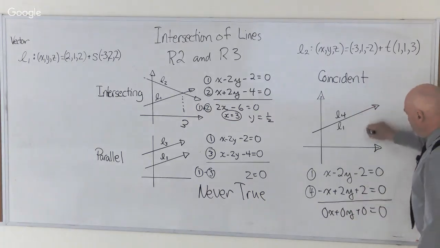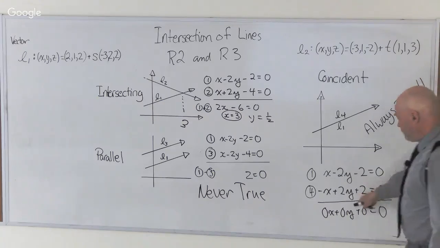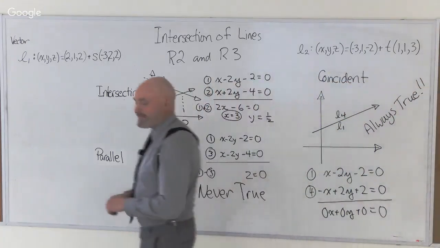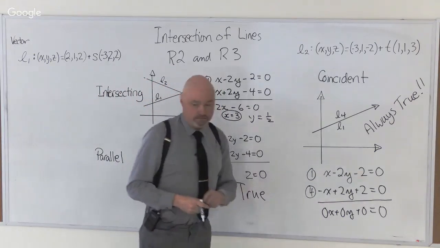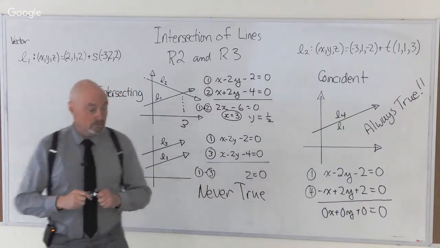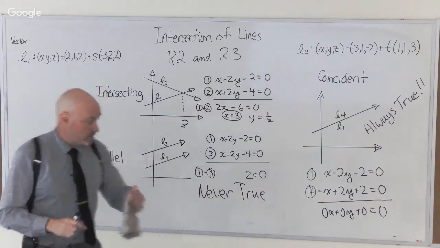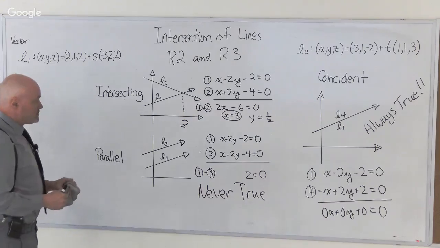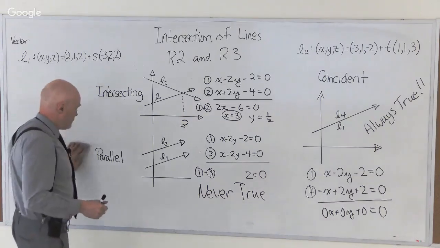This one, always true. Any value of x and y makes that expression true, and so those lines are coincident. So I actually have this little test I can do to see if the lines are coincident, if they're parallel, or if they're intersecting. So that was good old 2-space, pretty easy to deal with.